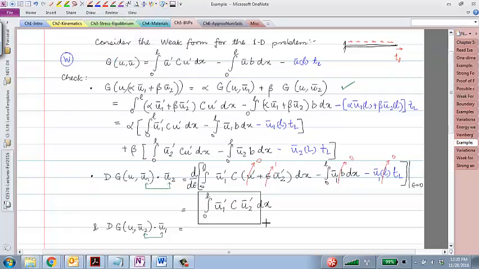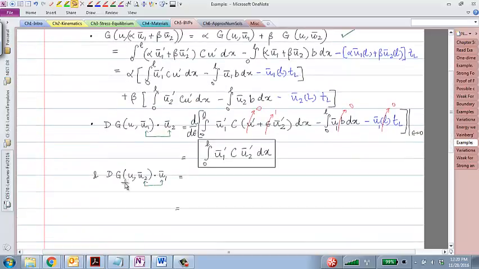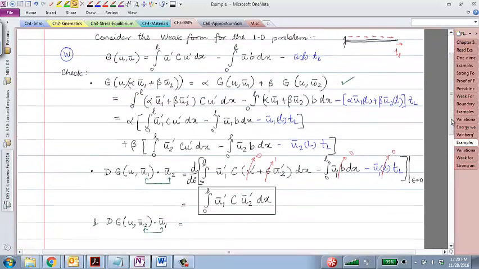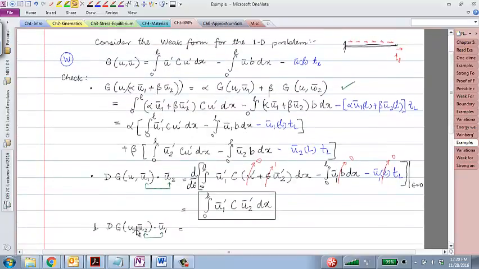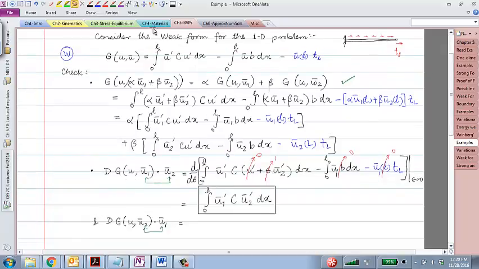That's what we get from the first directional derivative. The second directional derivative is exactly the same thing, except wherever I have u bar, that will become u2 bar. Wherever I have real displacement u, that will become u plus epsilon u1 bar. All right, so let's do that.